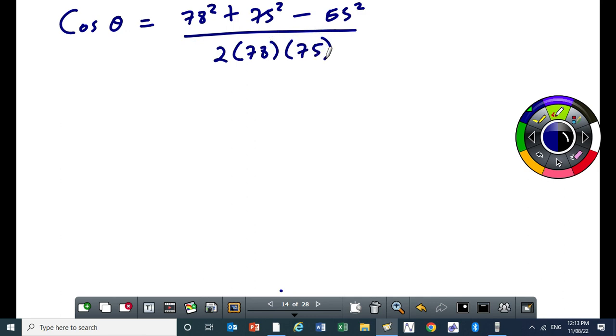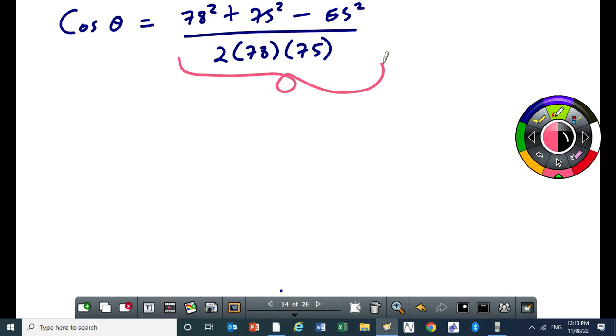Now, you can put all this in the calculator. But before you do, make theta the subject. Remember, from your knowledge of trigonometric ratios, what do we call all this? What is the name given to that? It's a ratio.